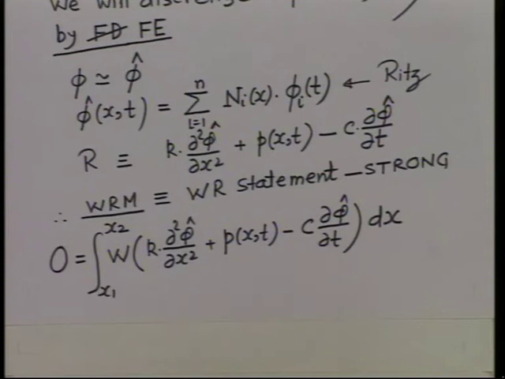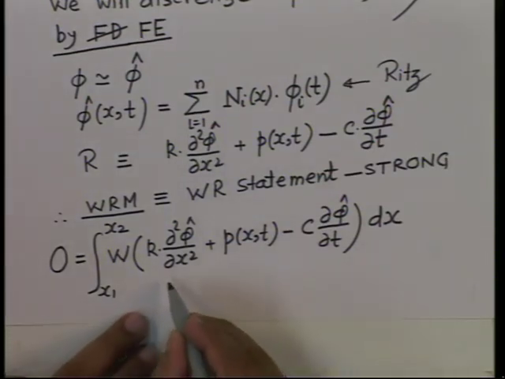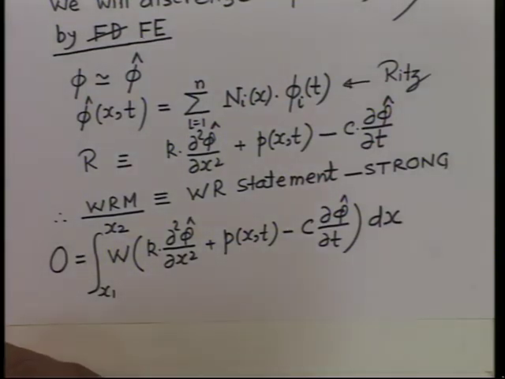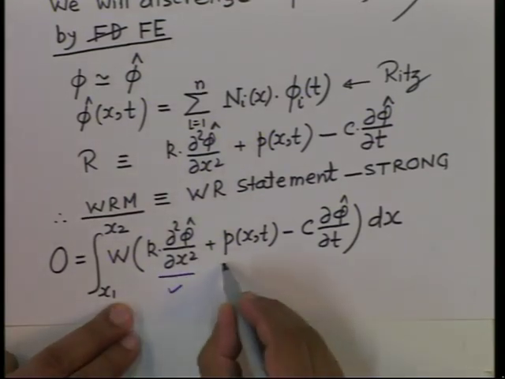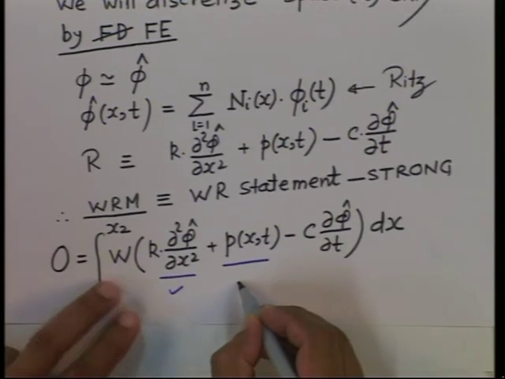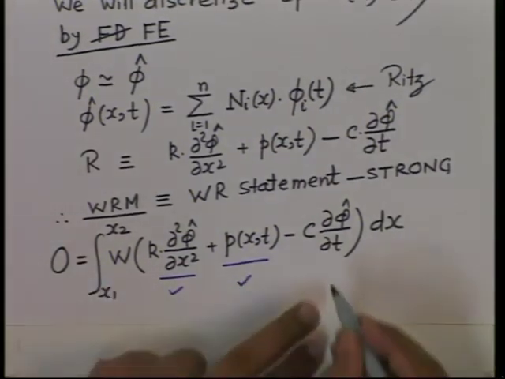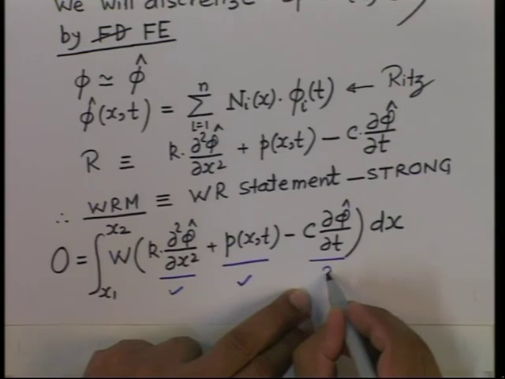So, this is all a change. The change is very minimal. I think we have already handled this part. This term we have already handled. This term of this integral we have already handled. Now, the only thing is this is a new term. This is new.